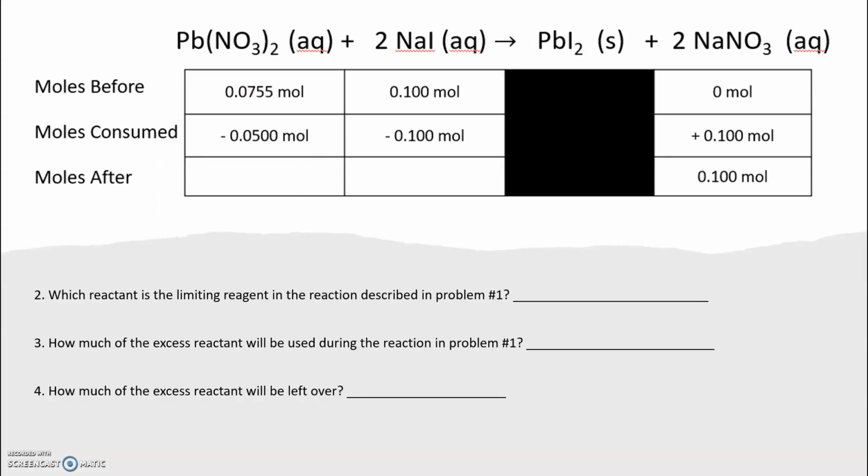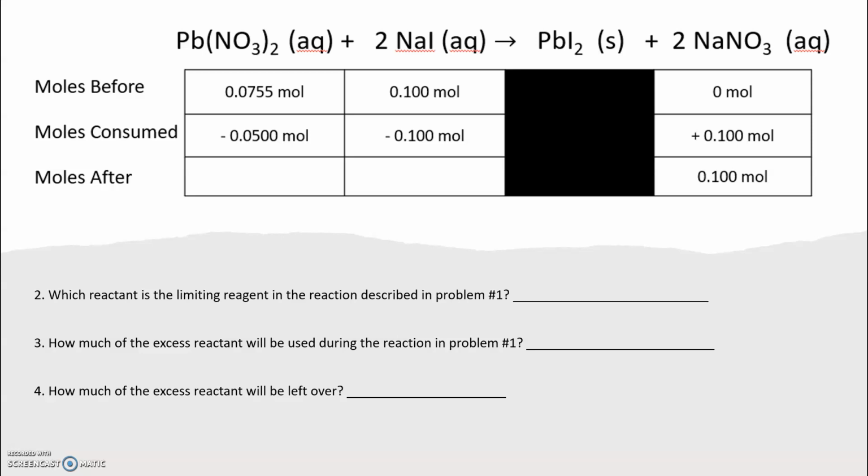Moving on to number 2, we want to know which reactant is the limiting reagent in the reaction described in problem number 1. So remember, thinking back to step 2 that we did for number 1, we determined that we had more than enough lead nitrate for the reaction to be carried out.